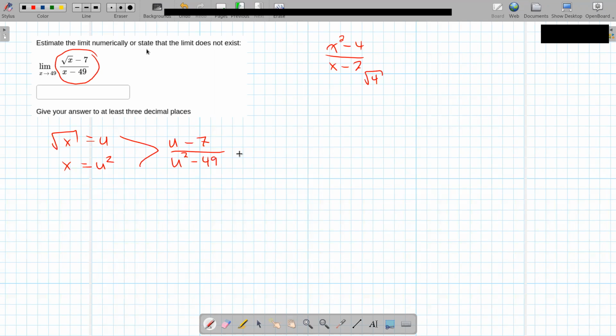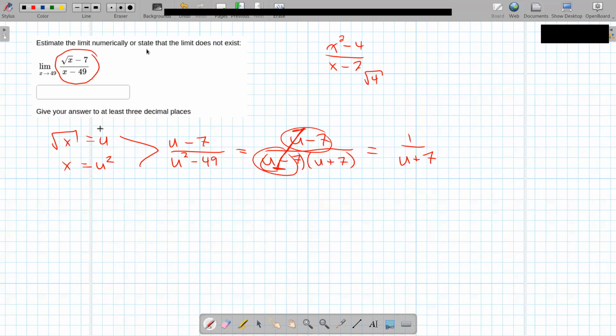And now I know that u squared minus 49 factors as u minus 7 times u plus 7. And the u minus 7 divided by u minus 7, that's 1. So that means this can be reduced to 1 over u plus 7.